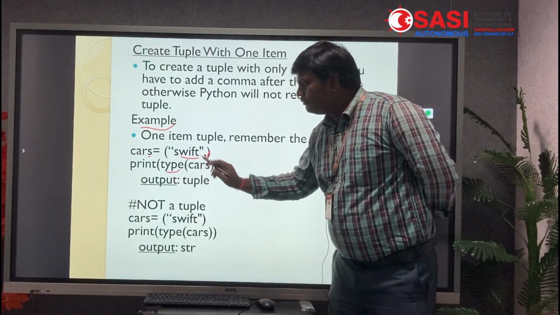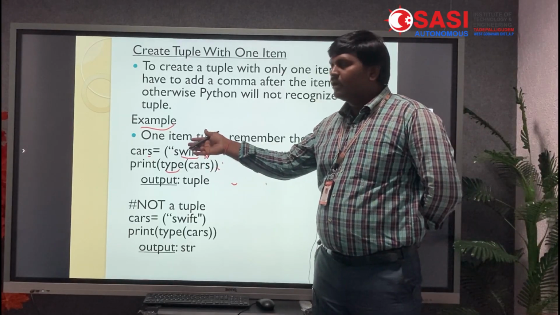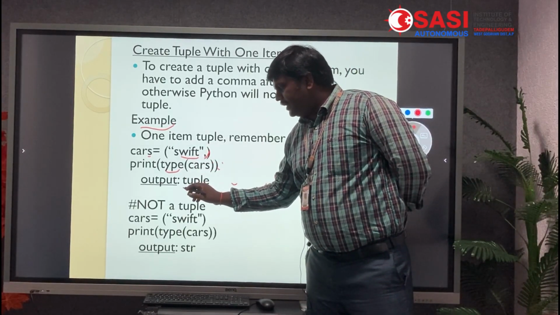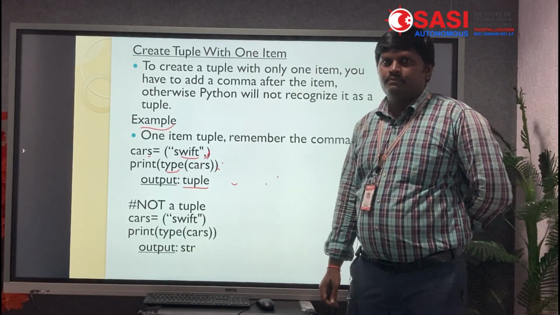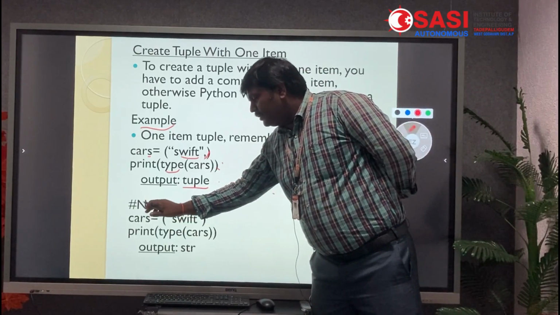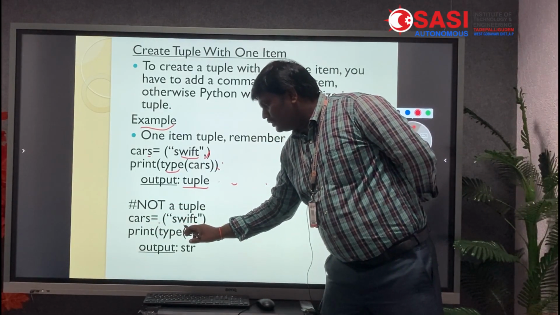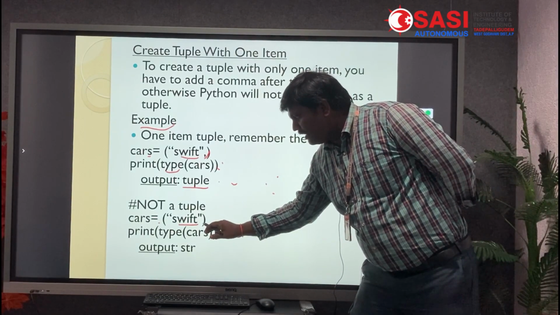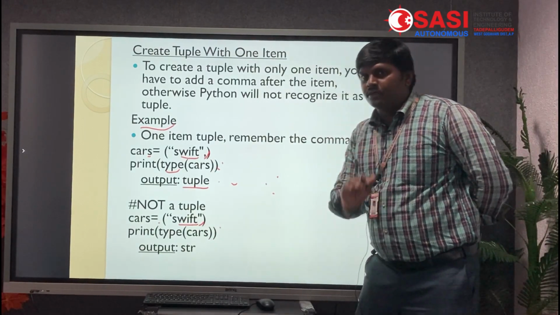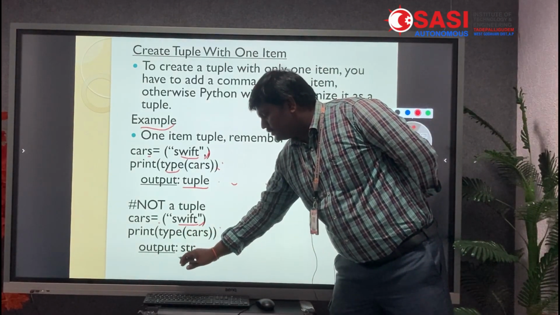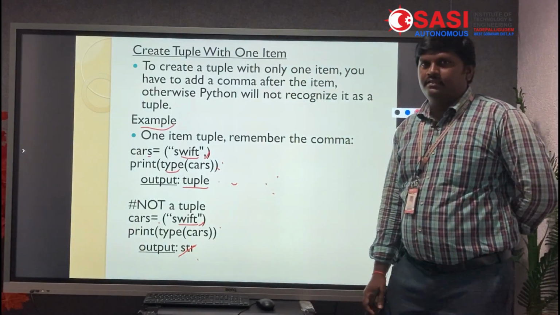Type is a predefined function, it returns the data type of the variable. Type of cars returns tuple. Check another example. Cars equals Swift, but in this tuple we are not specifying a comma. Print type of cars, it returns string.